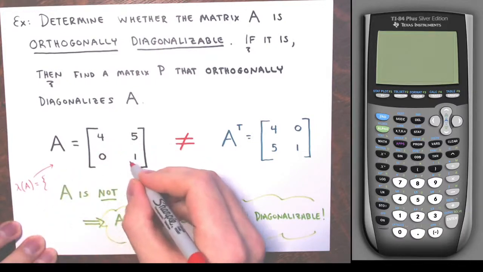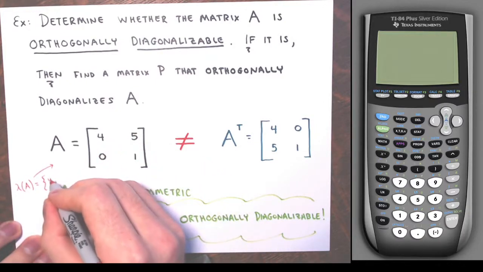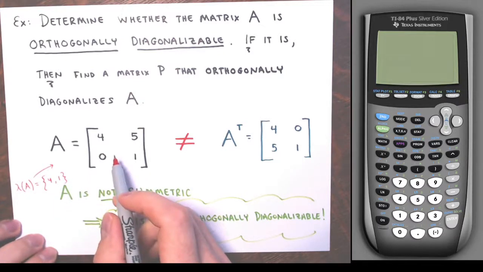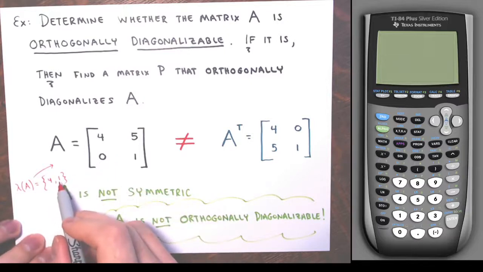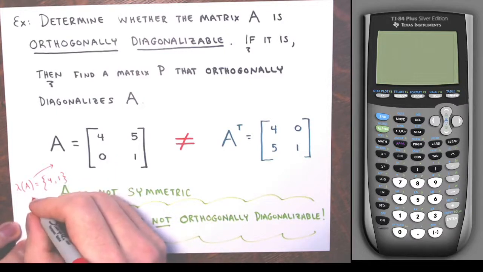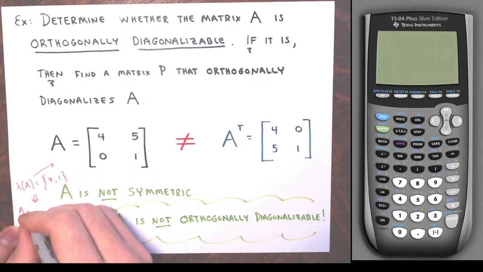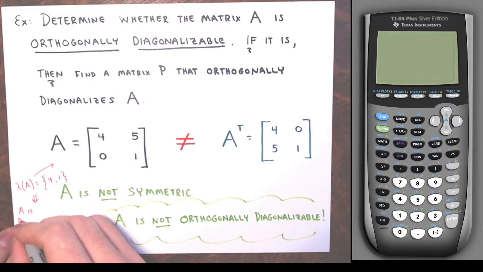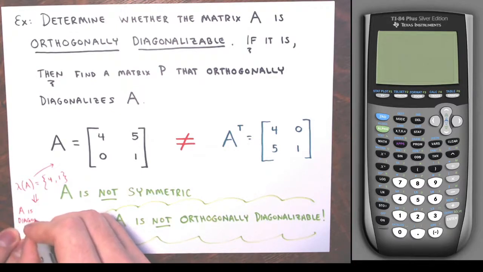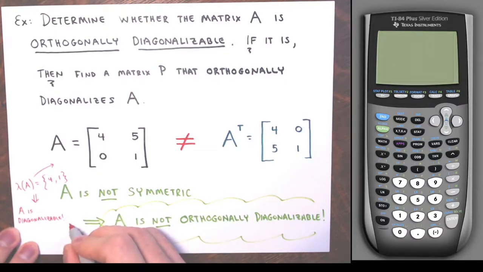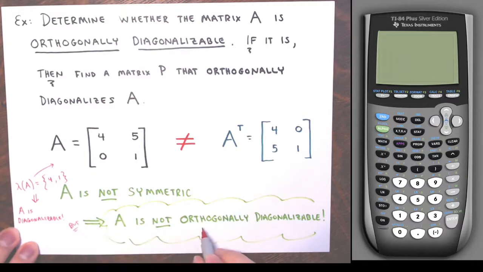They would be the diagonal entries, so it would have eigenvalues of 4 and 1. So it's a 2 by 2 matrix with 2 distinct eigenvalues. You can tell me right there that A is diagonalizable, but it is not orthogonally diagonalizable.